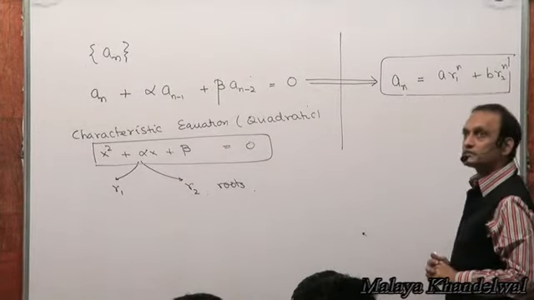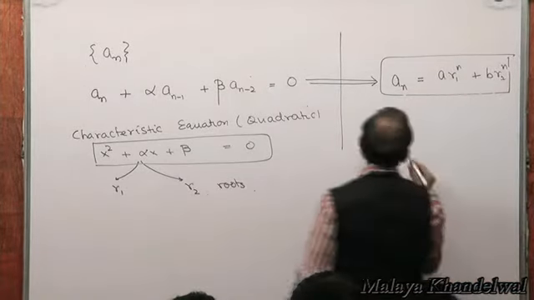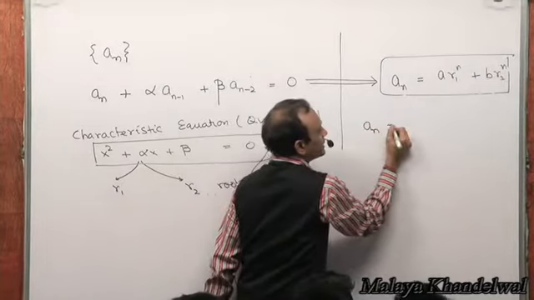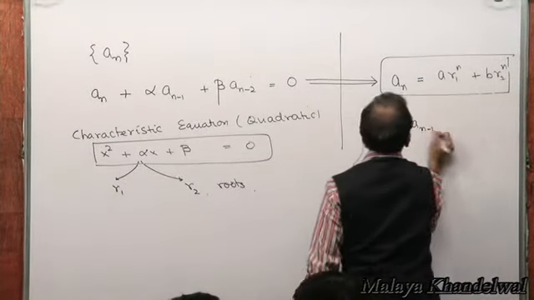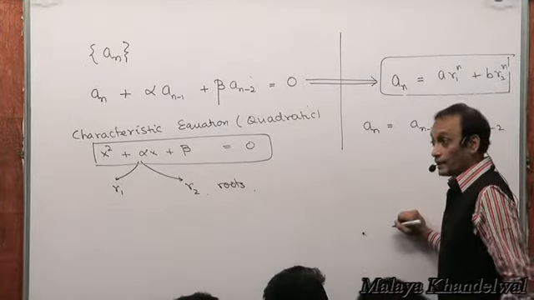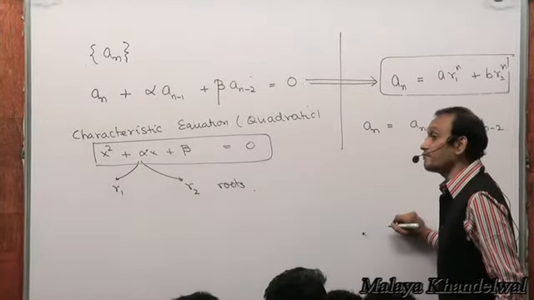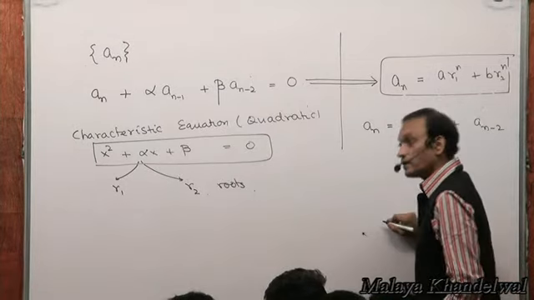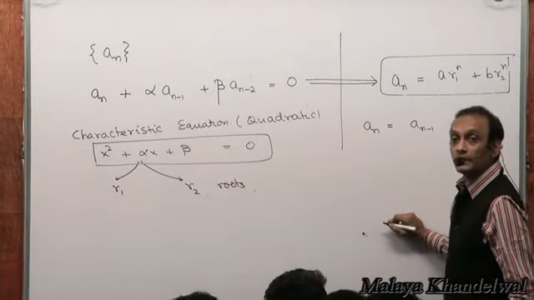So what was my Fibonacci sequence? Do you remember? An is a(n-1) plus a(n-2), right? And I obviously want to solve for an.